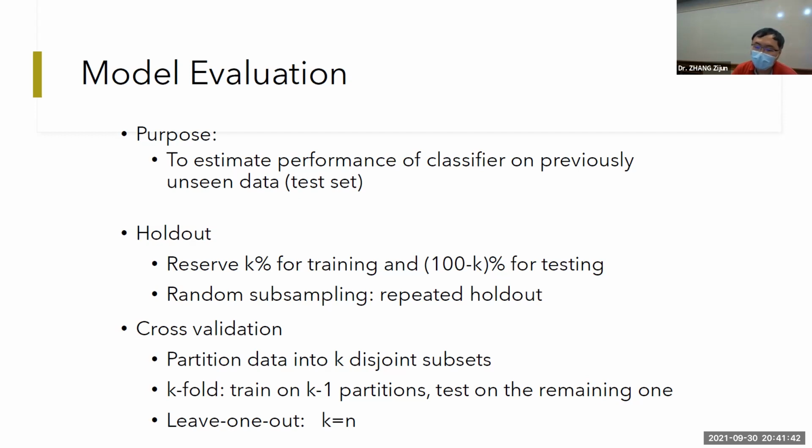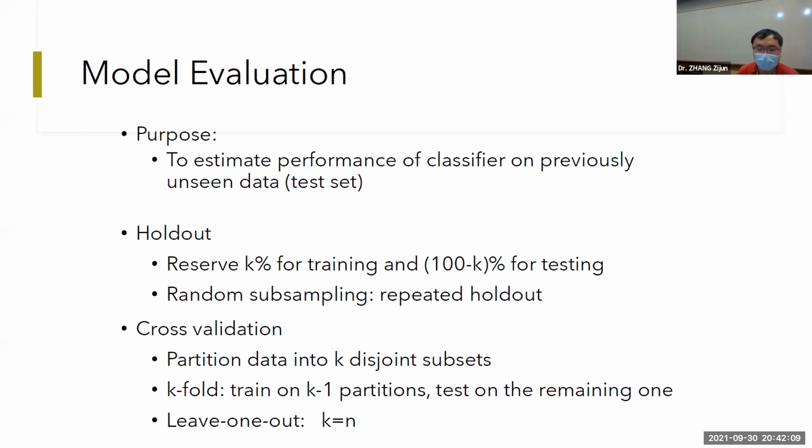And how can we determine the test set? Sometimes we reserve K% for training and 100 minus K% for testing. We can also do random subsampling to build up the repeated holdout. Or in some cases, we have limited training data points.